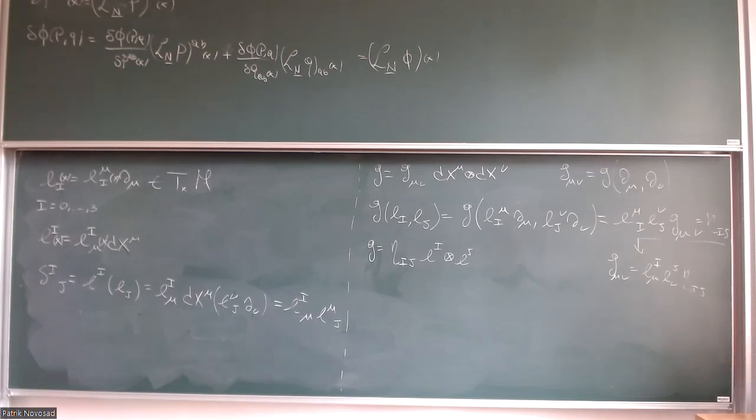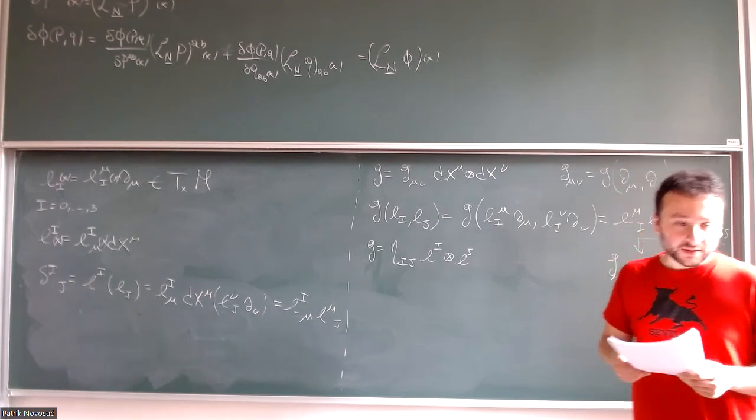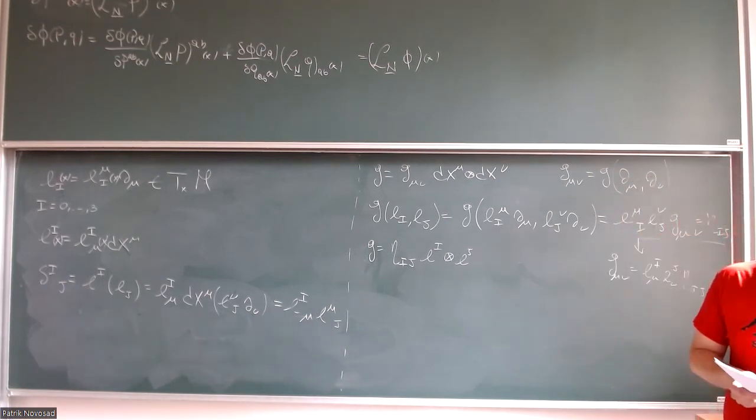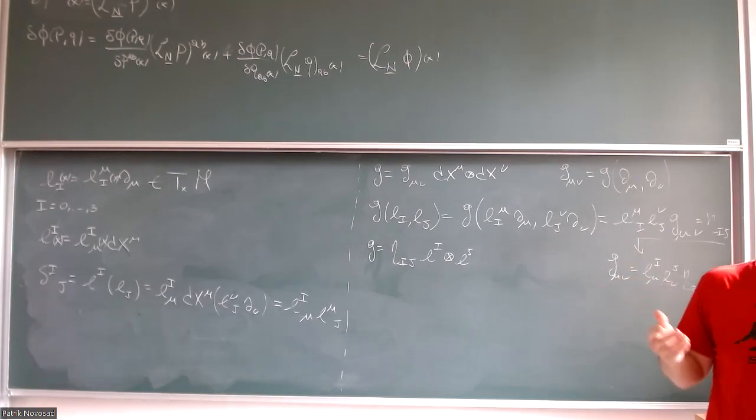And when you are taking a section at a point of the bundle, then you have a frame, and that's isomorphic to R^(n squared), if I remember right, for the general linear group.